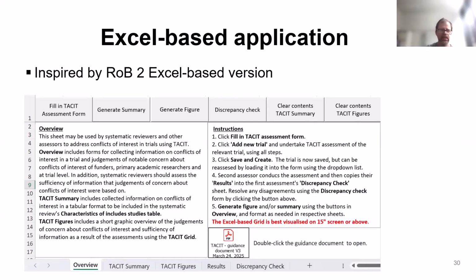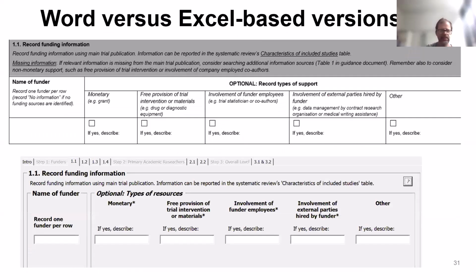It's inspired by the RoB 2 Excel-based version that many of you might be familiar with. So the idea is that instead of putting the information into a Word-based template, you will have these Excel boxes you can fill out with the necessary information.